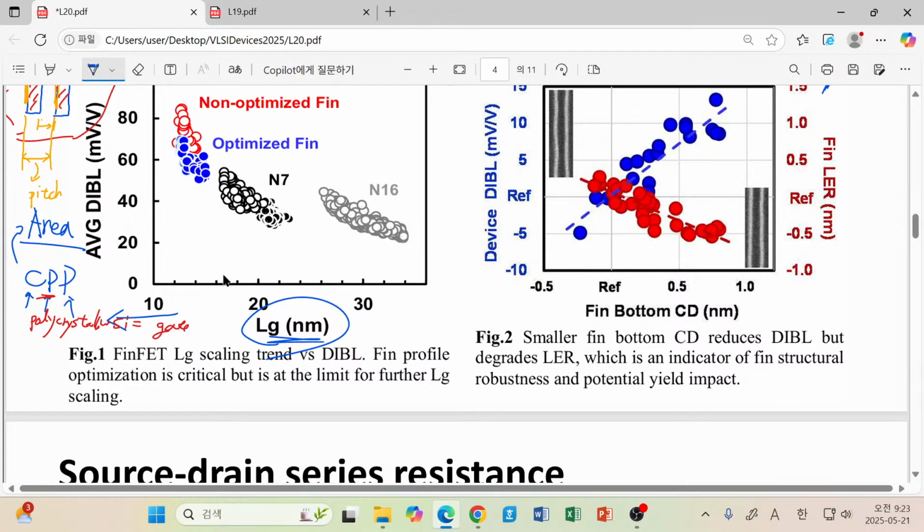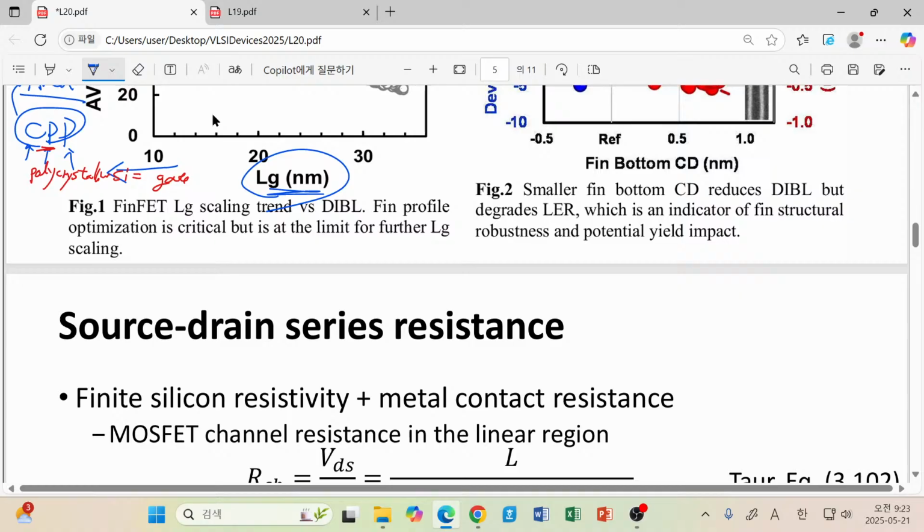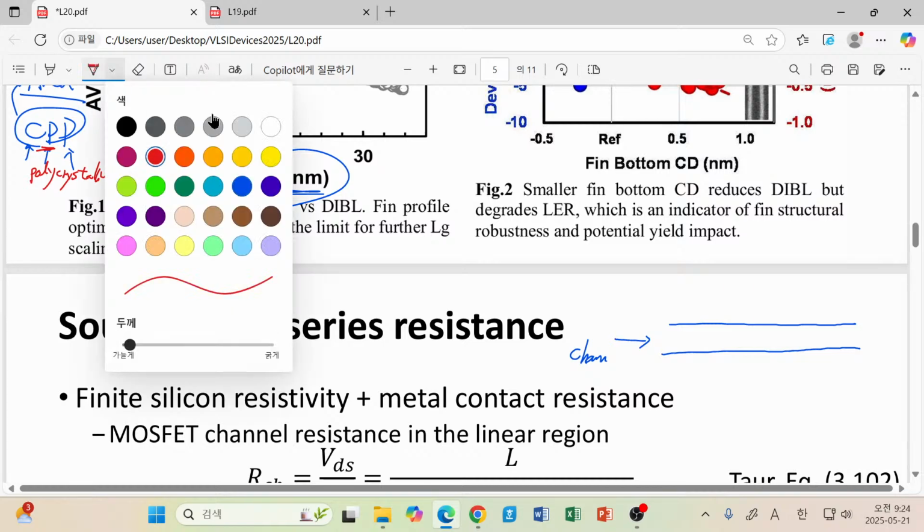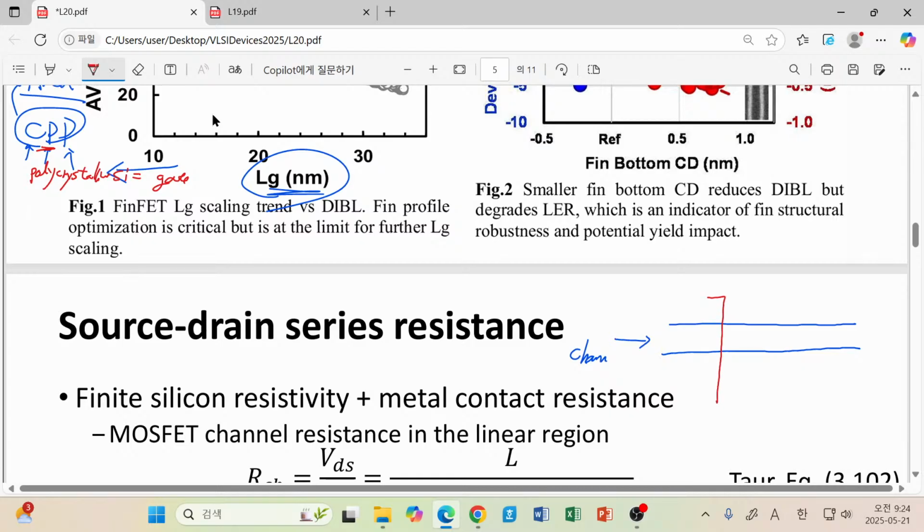CPP is not only a function of LG. So let me explain a little bit more. This is the way we draw a transistor, and this is the top view once again. This horizontal line corresponds to the channel material, for example silicon. There is a long silicon line, and there is another vertical line, which corresponds to the gate metal.